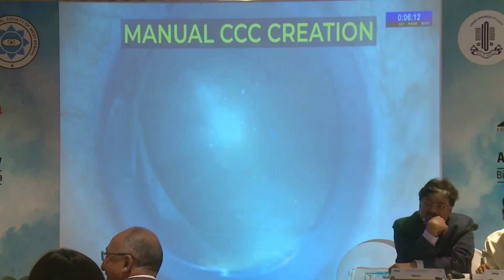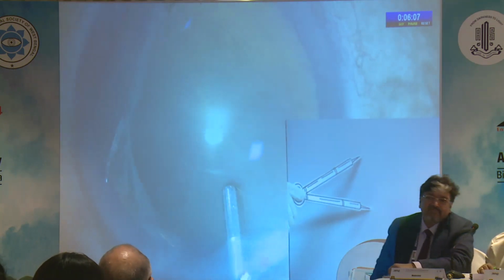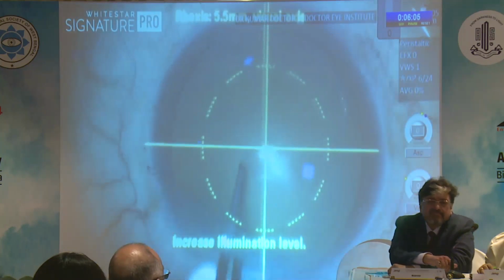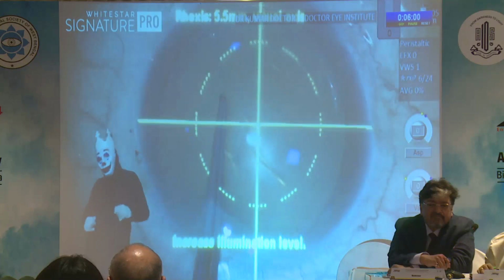Once marked with a rhexis marker, it's important to fill the anterior chamber adequately with viscoelastic till the pupil slightly dilates. Then follow the mark or the image-guided technology to make a perfectly circular round rhexis.